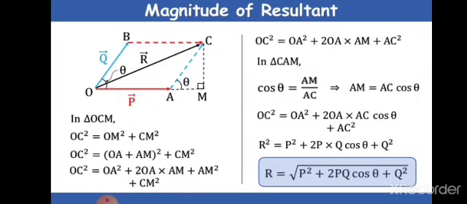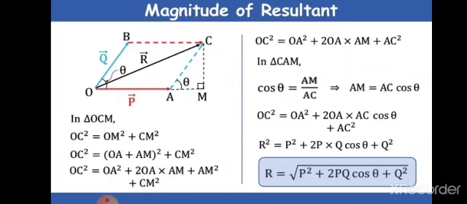OC square is equal to OM square, which is equal to OA plus AM whole square, plus CM square. Now this is in the form of A plus B whole square, so we can apply the formula A square plus B square plus 2AB.